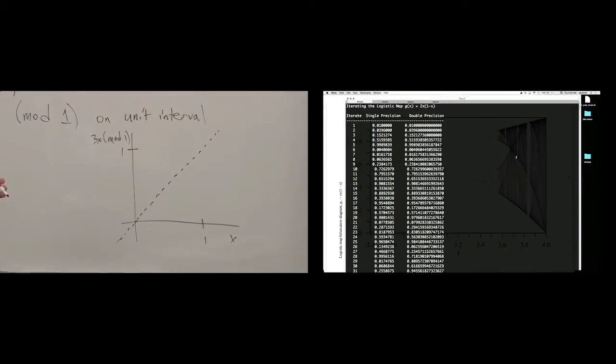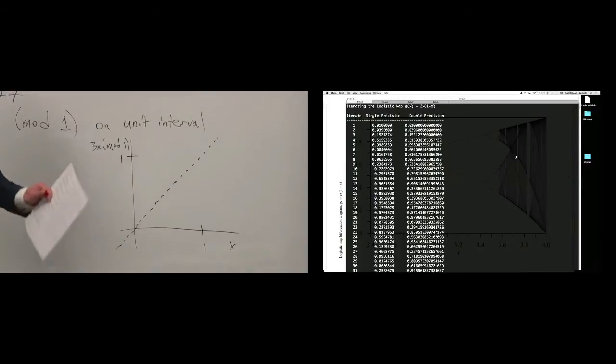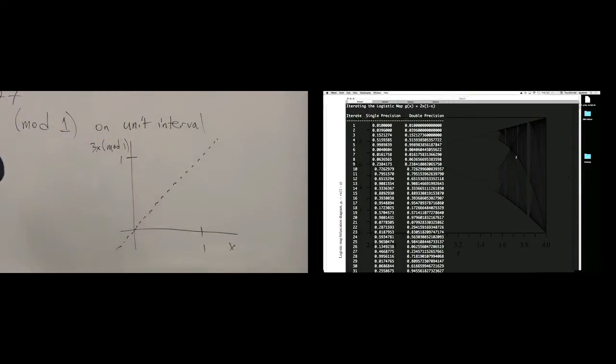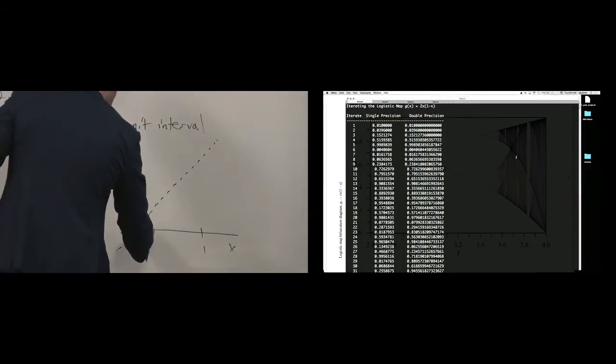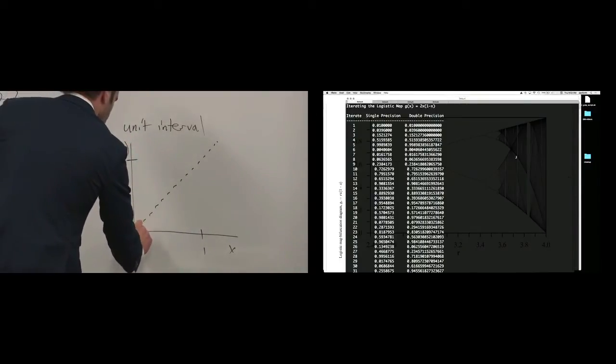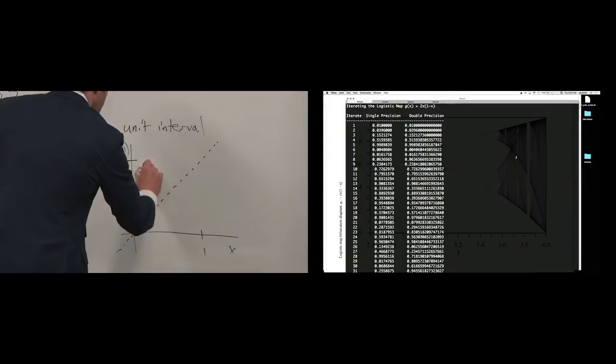So the function 3x is normally just this linear function with slope 3, going up and down. But for the purposes of this discussion, where we're doing the mod 1 version of it, it just sits inside this little box. And there'll be some slope 3 lines here.